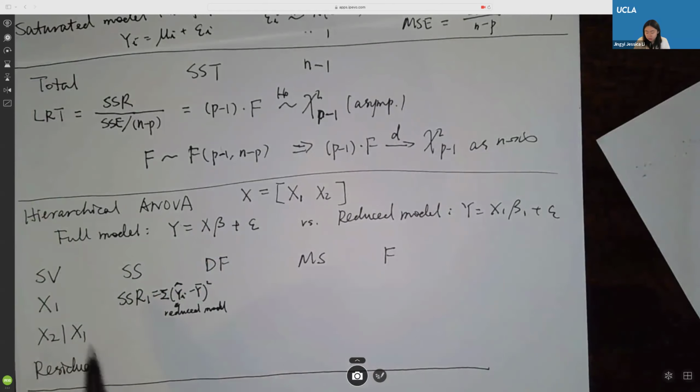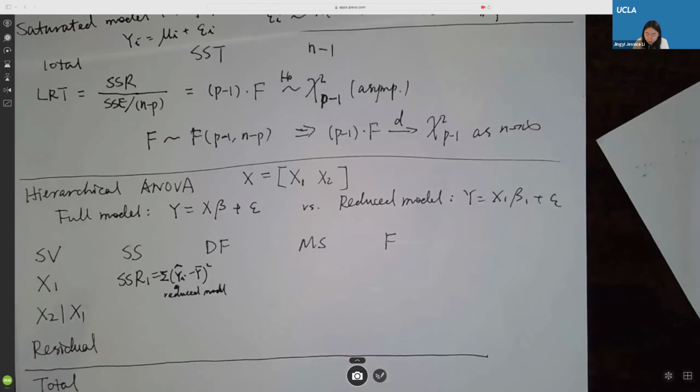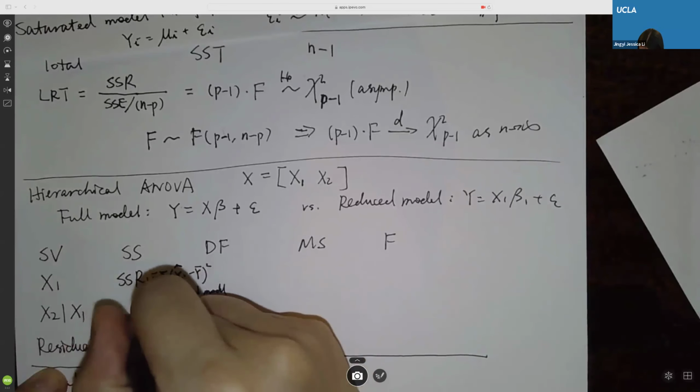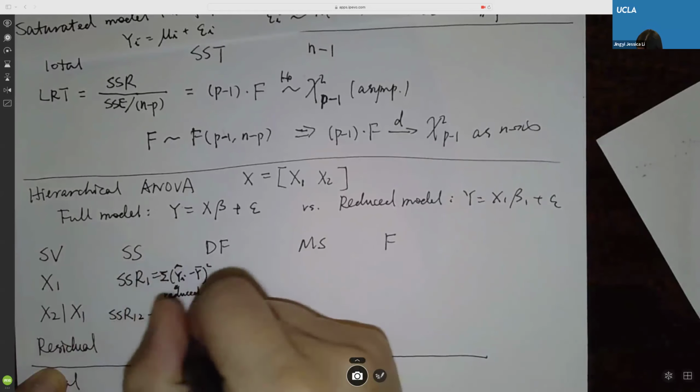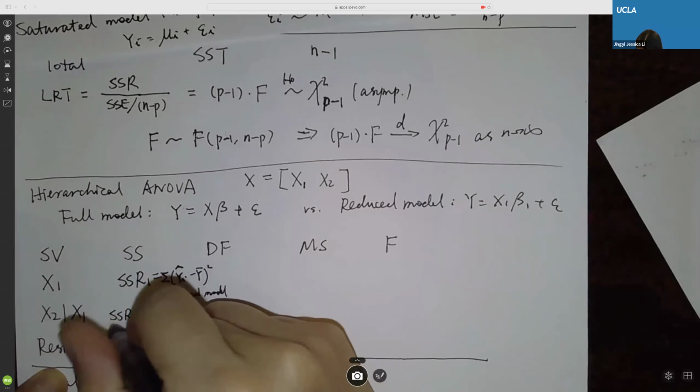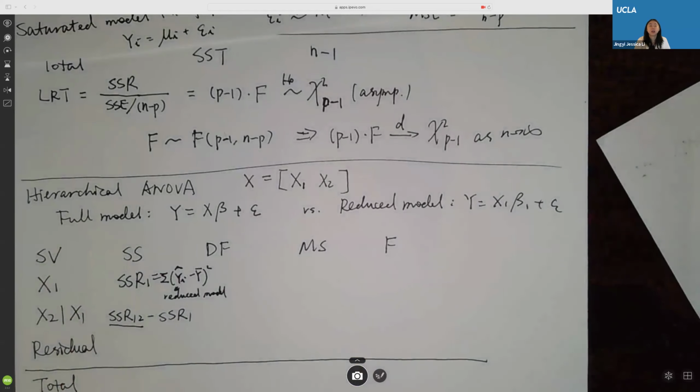And as to X2 given X1, the additional explanation by the predictors in X2, this is actually SSR12 minus SSR1. By saying SSR12, we're talking about the full model, so we're using the full model to calculate SSR.